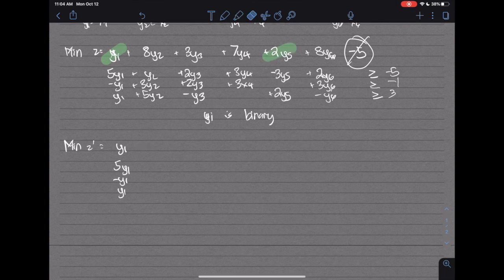So plus 2y5 minus 3y5 blank plus 2y5. Next is y3. Copy your constraints. Next is y4.